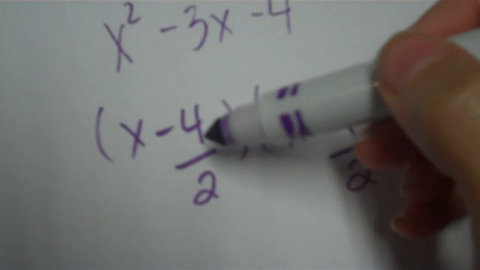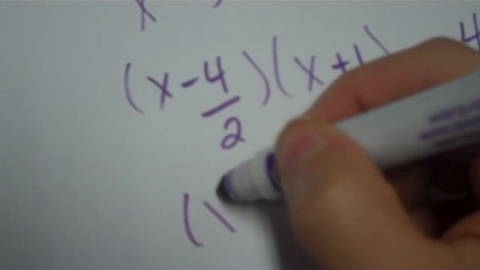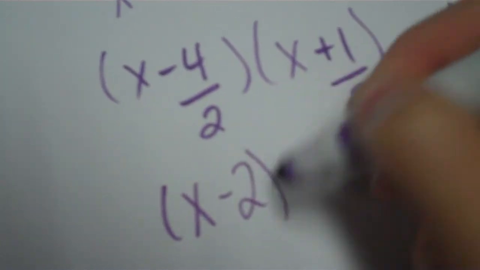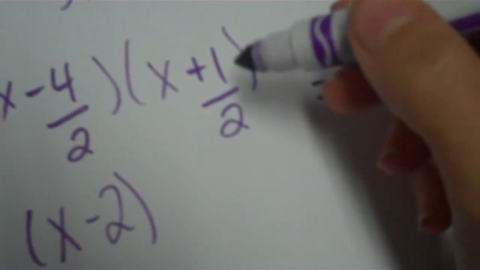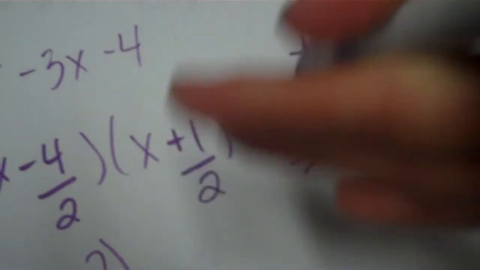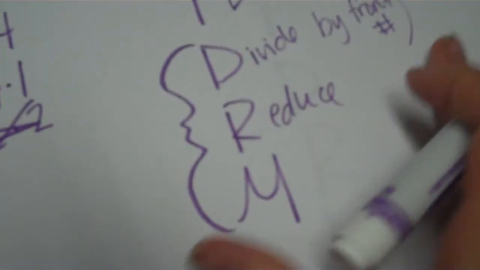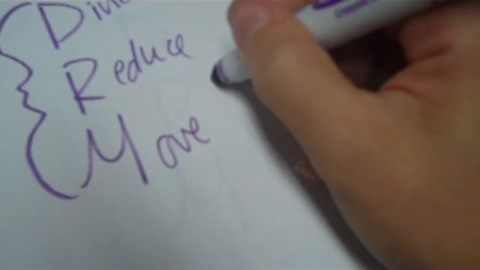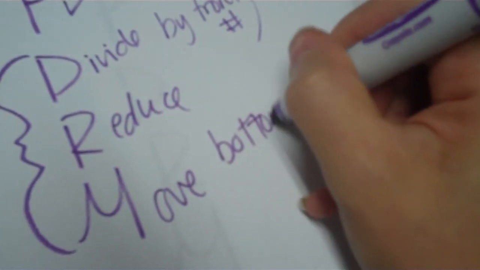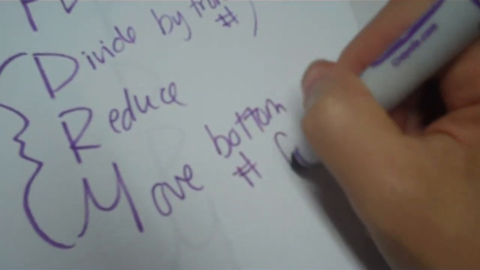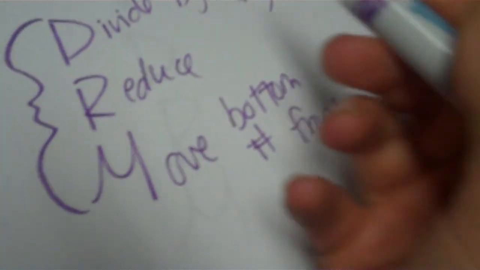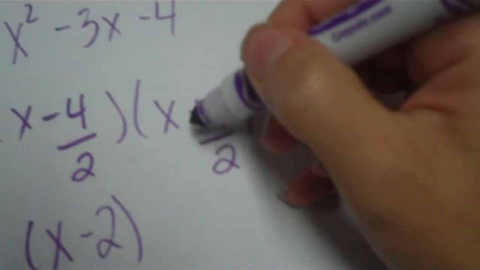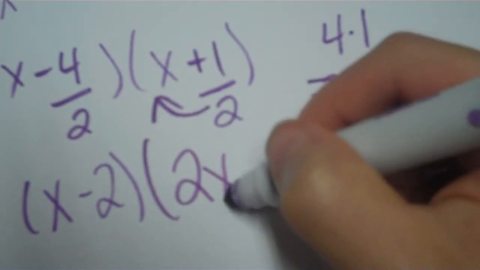So basically 4 divided by 2 actually reduces to 2. But I can't reduce 1 divided by 2. If you put it in the calculator, it doesn't reduce. Okay, so you just can't reduce that. And then if you can't reduce, or if after you reduce you still have a fraction, then you move the bottom number to the front. What I mean by that is the bottom number here is 2, so it just moves to the front. 2x plus 1.